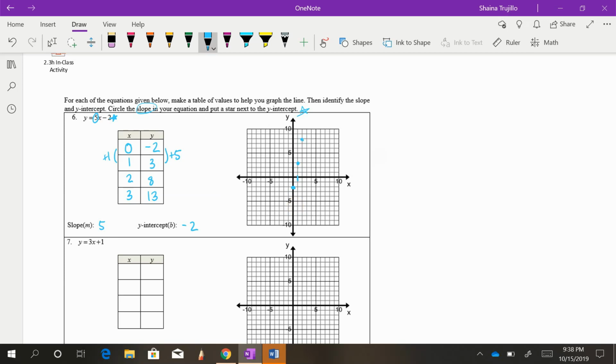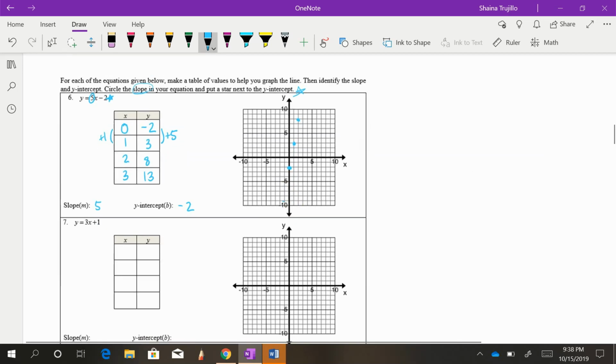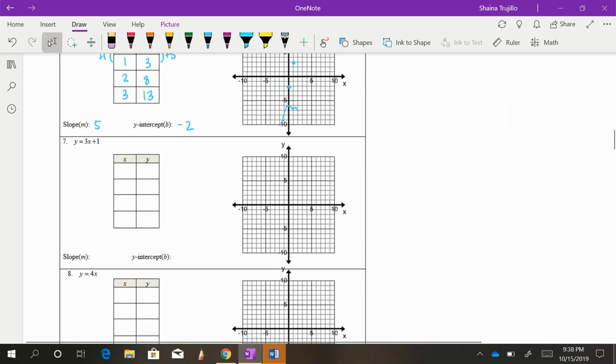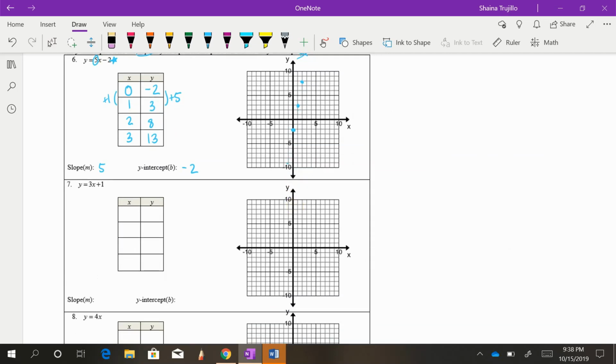That looks like as much as I can graph right now. Maybe if my technology will like me, I'm just going to go ahead and graph right here. There we go.